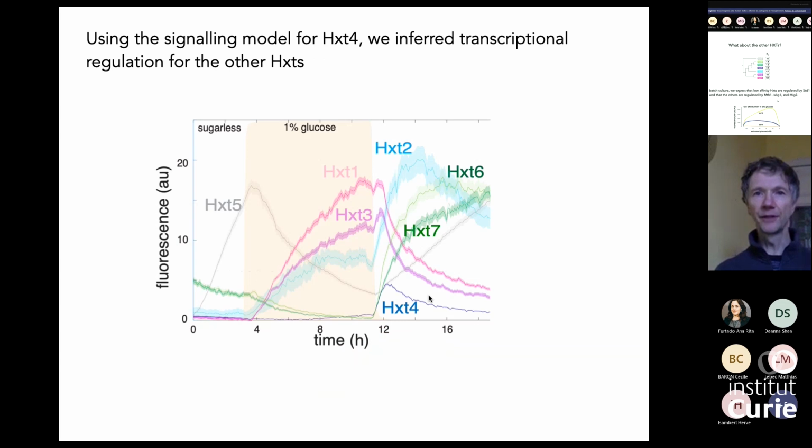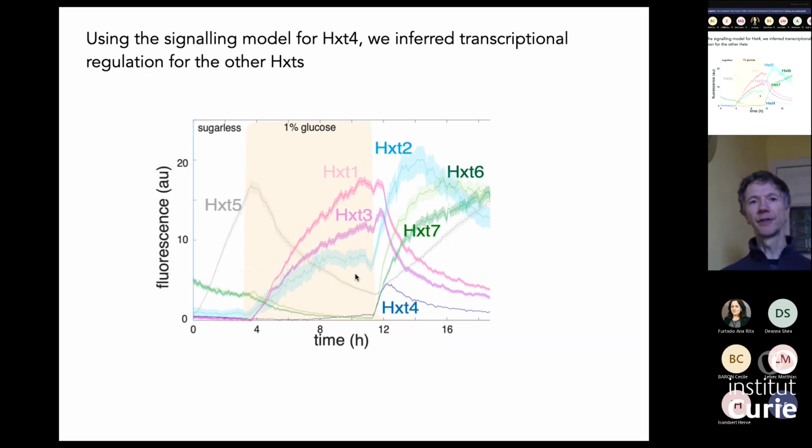To see if that is consistent with the dynamic responses we saw here, we took the model of the signal transduction that we had inferred from hxt4, but changed the particular hxt that it regulates. Instead of regulating the hxt4 promoter, we let it regulate hxt1, and then we use this pink data to try and infer what the values of those regulation parameters should be for hxt1.